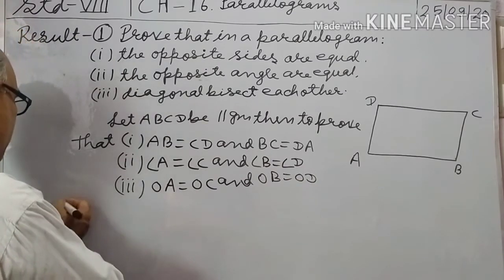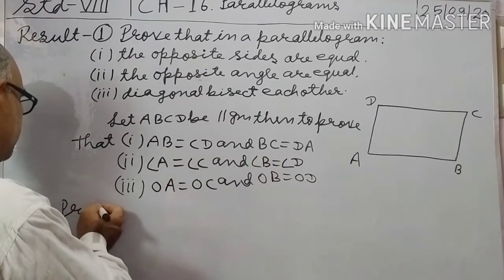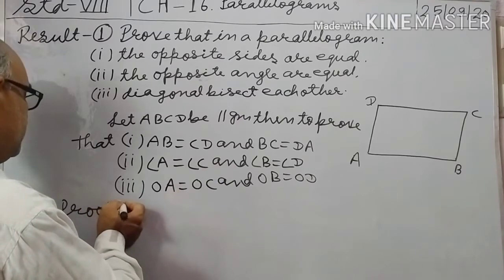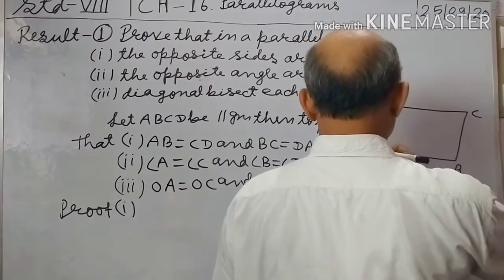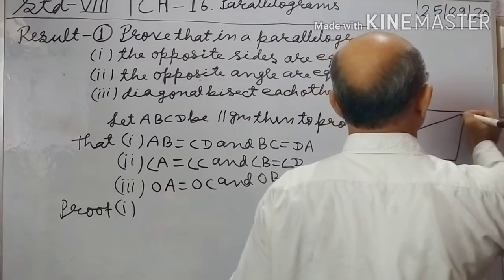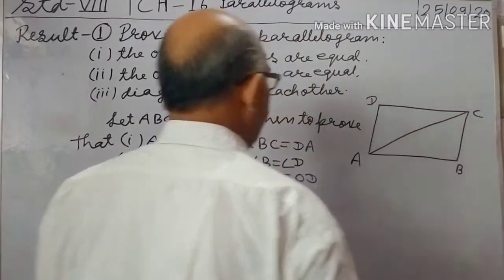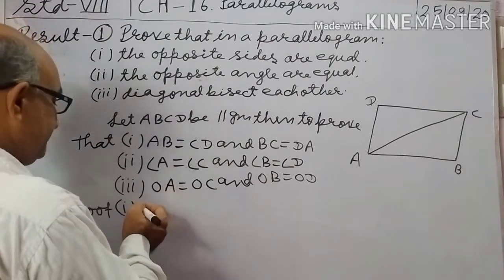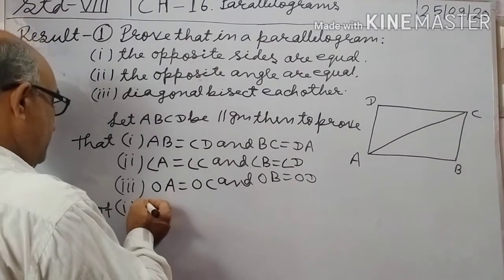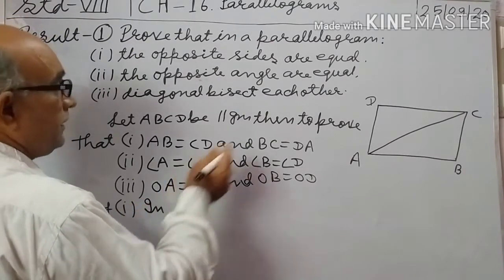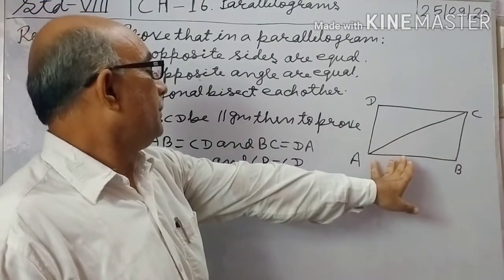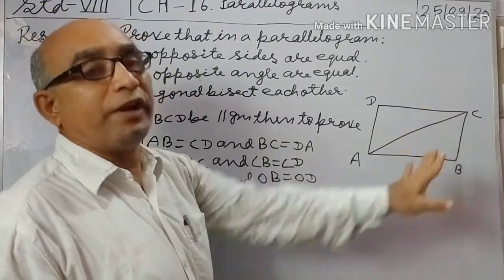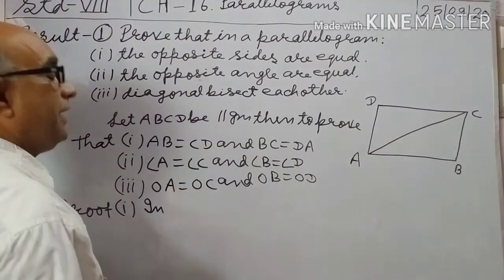Now proof 1. Join diagonal AC. So the diagonal divides parallelogram ABCD into two triangles, triangle ABC and triangle ACD.